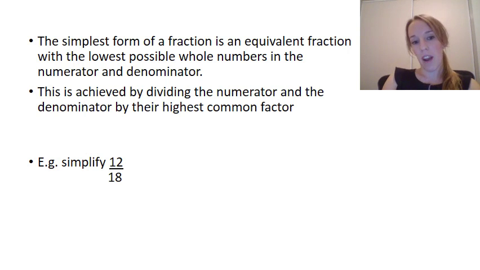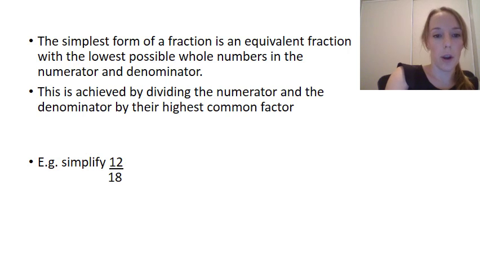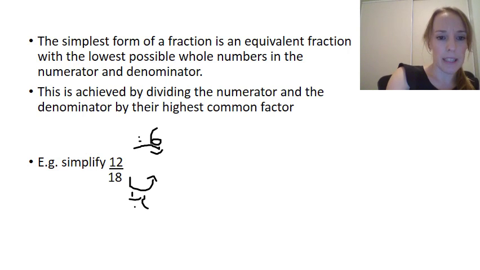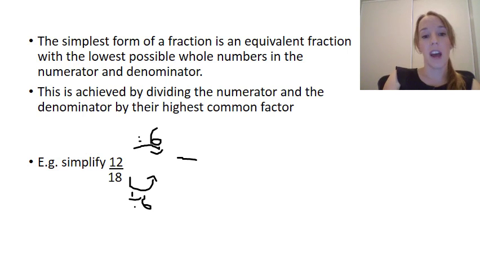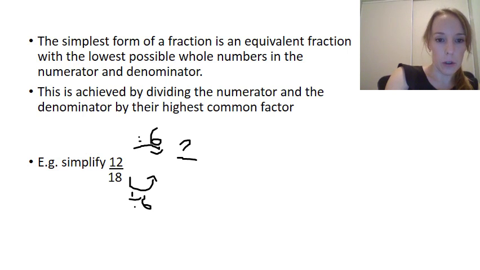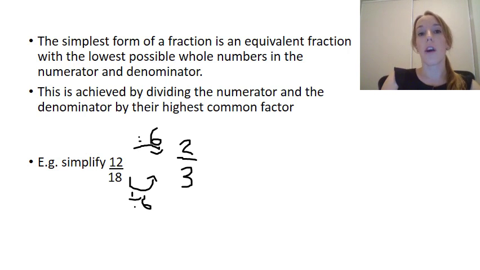So the highest common factor of 12 and 18, so the highest number that we can divide both of them by is going to be 6. So we can actually divide our numerator by 6, and our denominator by 6. So 12 divided by 6 will give us 2, 18 divided by 6 will give us 3. So 2/3. So that way we've simplified 12/18 into 2/3.